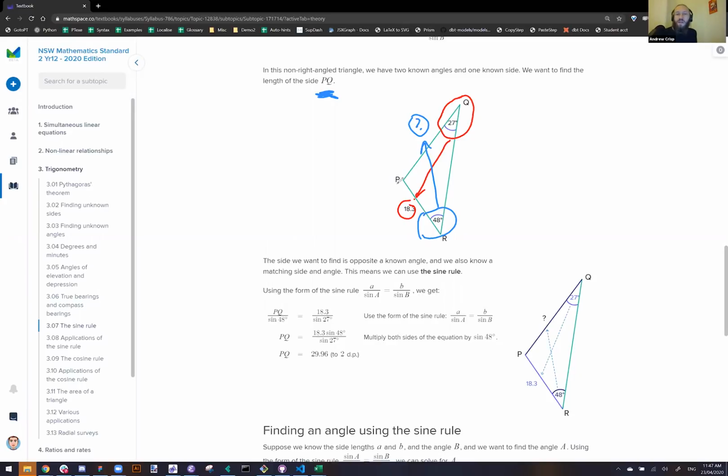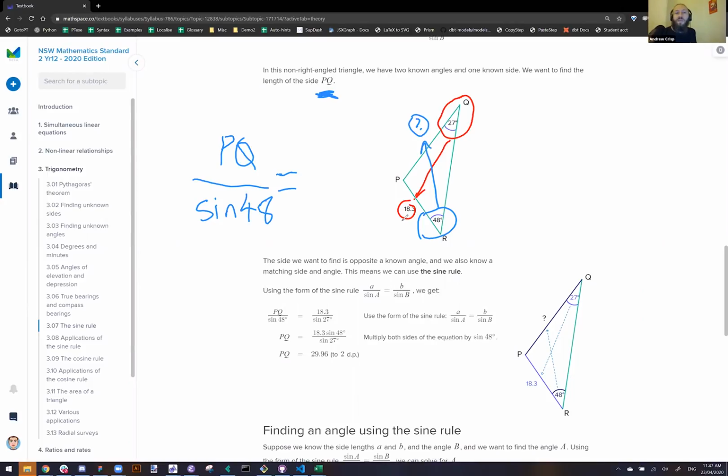So how do we find this out? Well, the length of PQ over the sine of the angle opposite, sine 48, is equal to the same ratio in the pairing here.